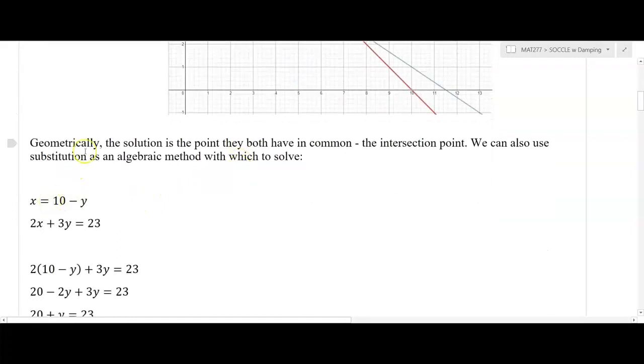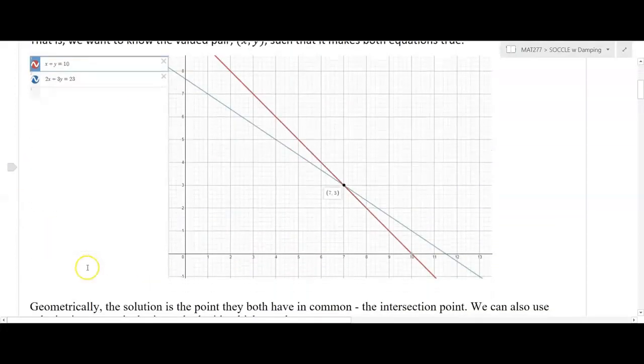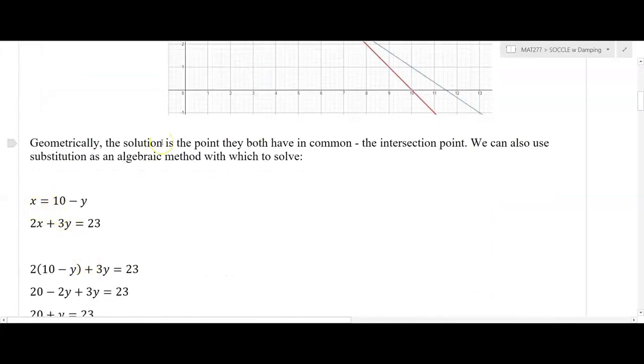Now that's one way to solve it, graph them and find the intersection point. One other way you may have seen before is called substitution. If you solve one of the equations for one of the variables, for example, x plus y equals 10, if we simply subtract y from both sides, we get x is equal to 10 minus y. Because this x is the same as the x in the other equation, I can substitute in 10 minus y for x.